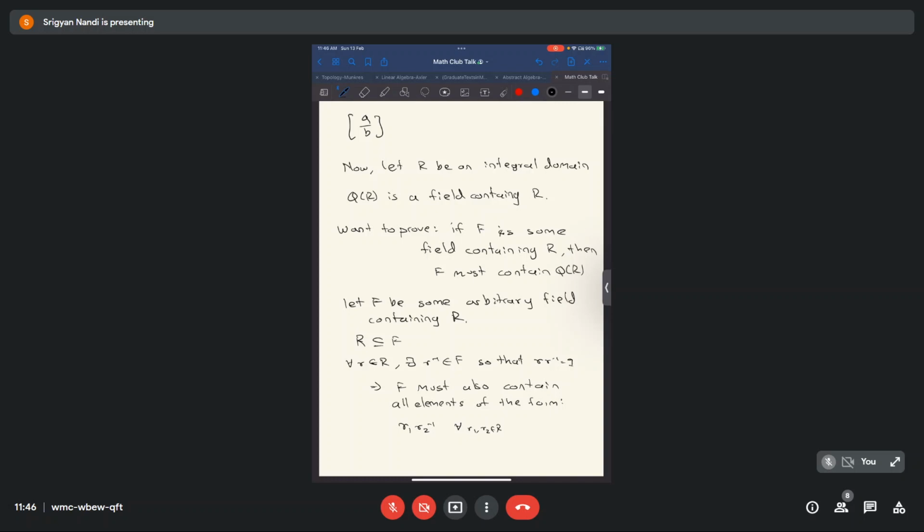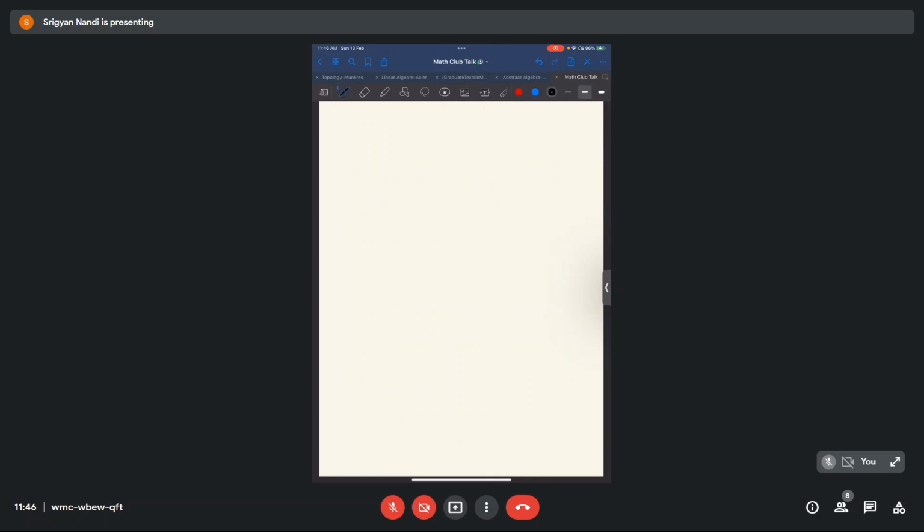So now let's do this. Let's build an injection, xi, from Q(R) to F. All elements of Q(R) are equivalence classes of the form a/b, where a, b belong to R, right? So this is the form of all the elements. So I can take xi to go to a b inverse in F. All you have to do is show that this is injective.